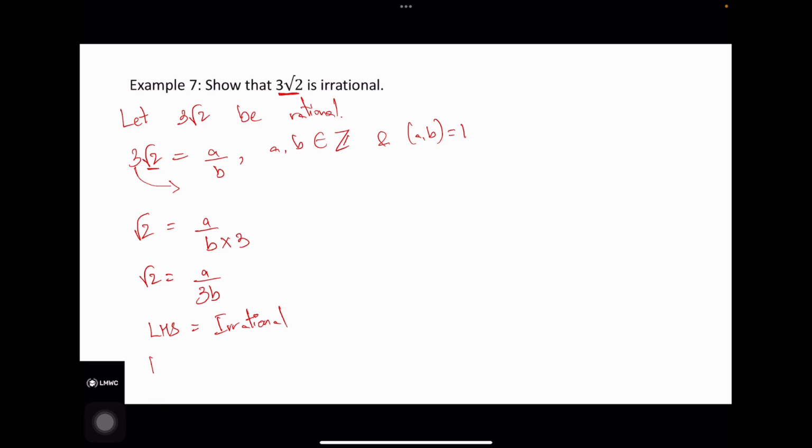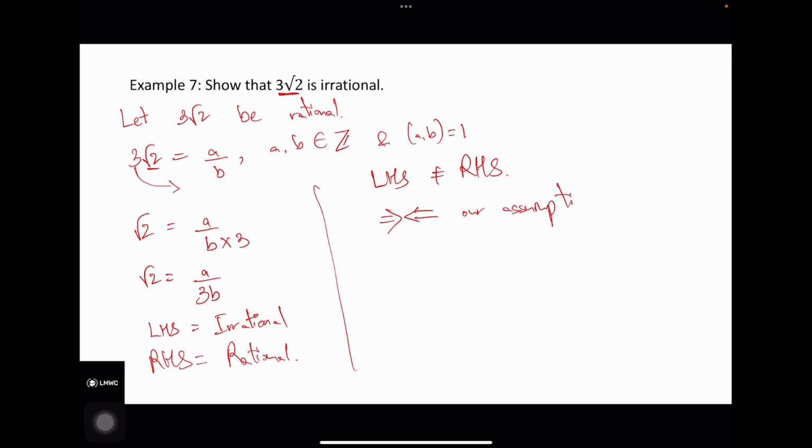For the RHS we have only rationals, and thus LHS is not equal to RHS. Now the same thing, this contradicts. This symbol is the contradiction symbol. So this contradicts our assumption. Hence 3 root 2 is irrational.